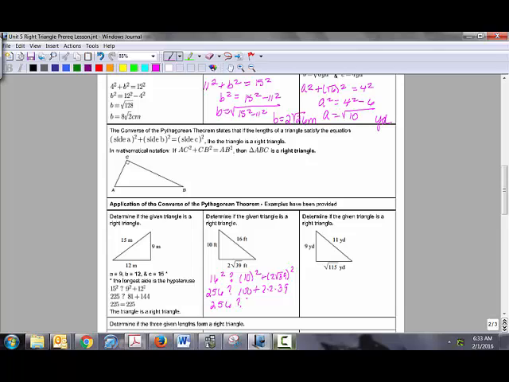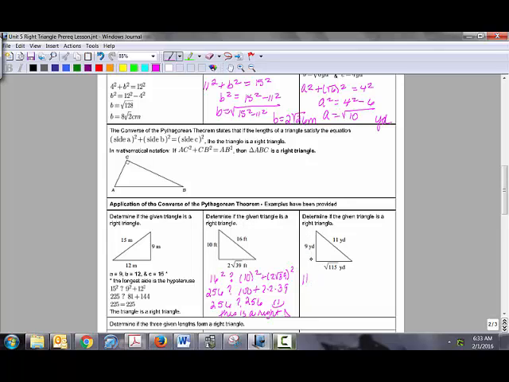256 is the same as 256, and the answer is yes, those two things are equivalent. So this is a right triangle. You want the biggest side, the one next to it, which looks like it should be the hypotenuse, the longest length by itself.